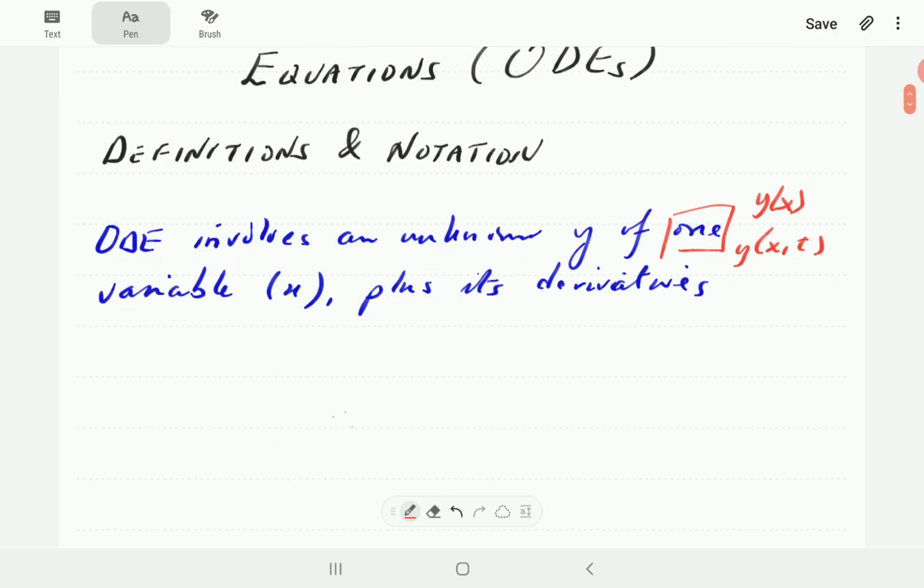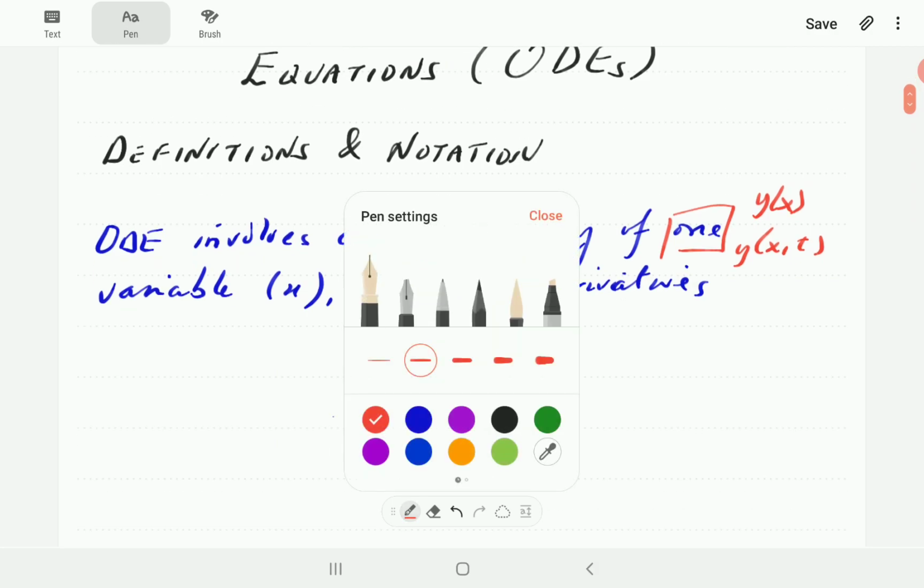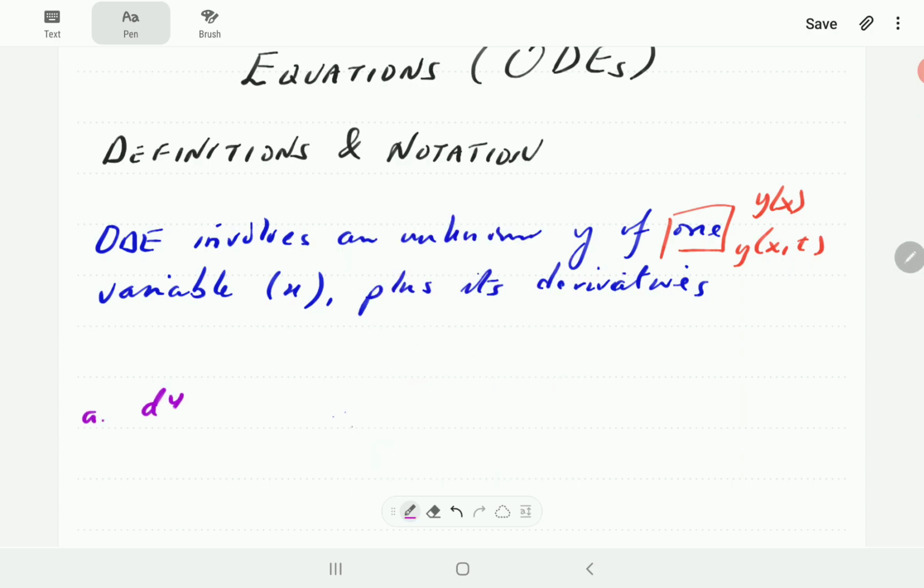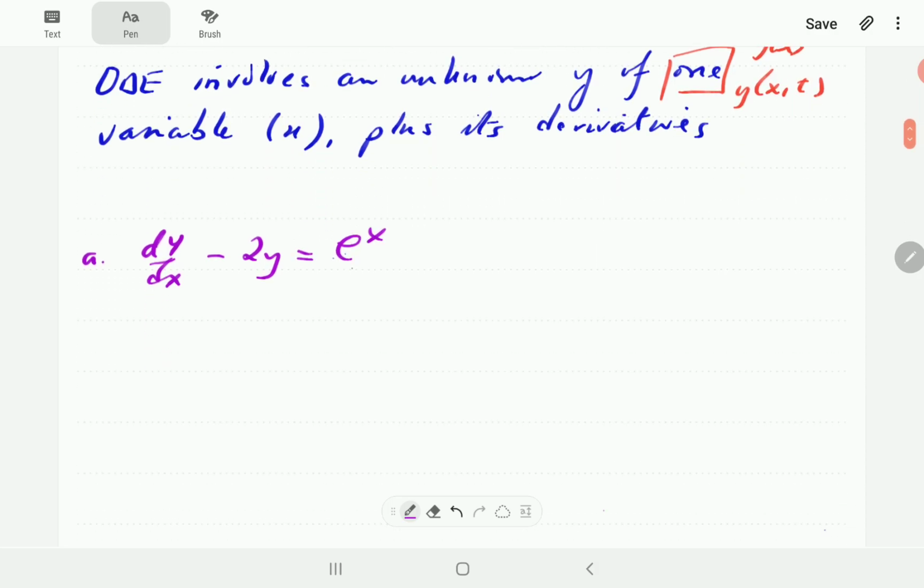So some examples of ordinary differential equations: dy/dx minus 2y is equal to e to the x is an ODE. Also y triple prime plus y prime is 2x squared.